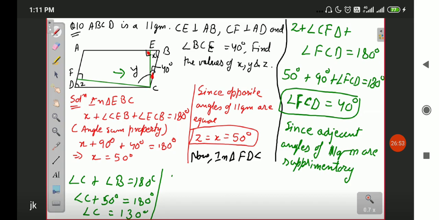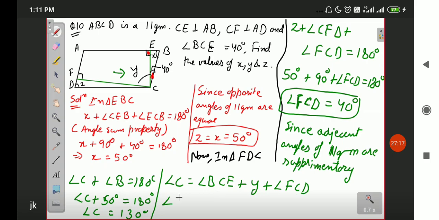Now angle C is divided into three parts: angle BCE plus Y plus angle FCD.